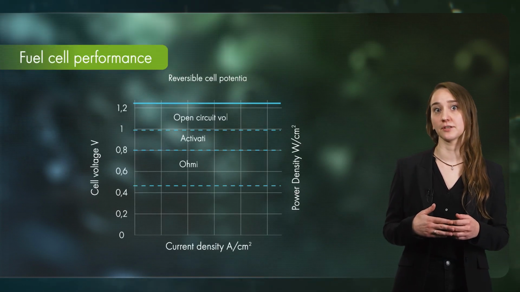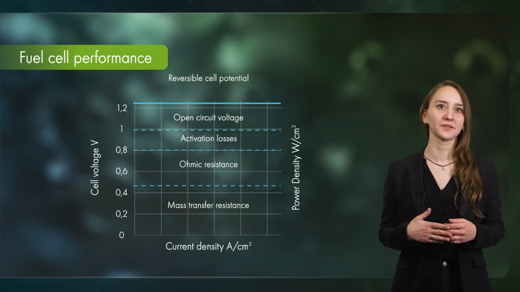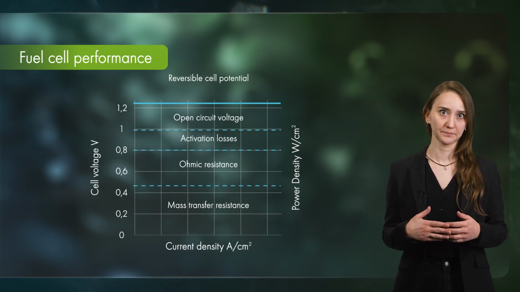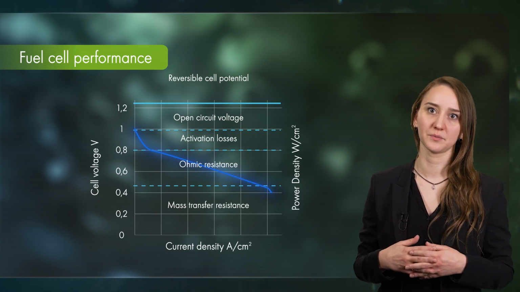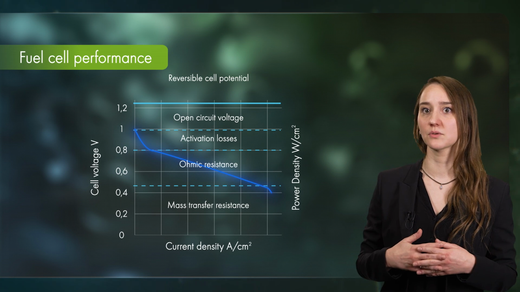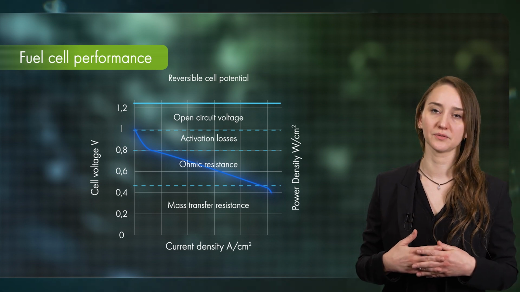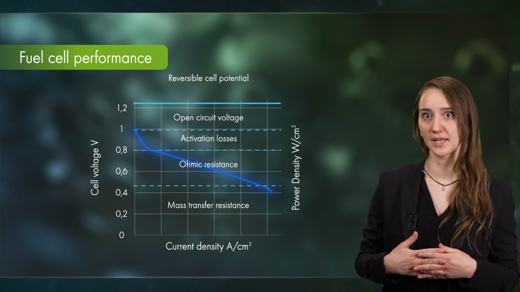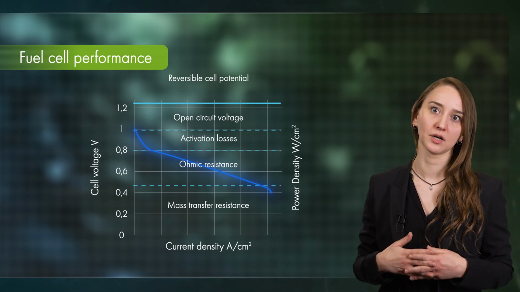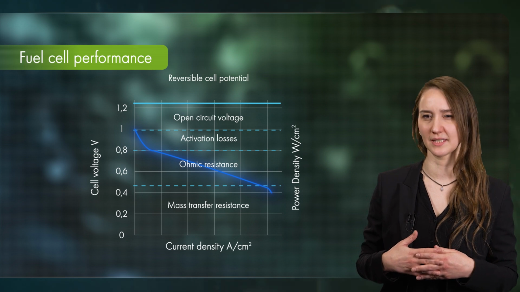As you can see in the figure on the right, the shape is quite different than that of the figure before. Before we even draw current at 0 amps, we already diverge from the ideal. Losses due to gas crossover result in a lower open circuit voltage than the reversible cell voltage would theoretically be. As we increase the current in the low current region, the voltage declines steeply.